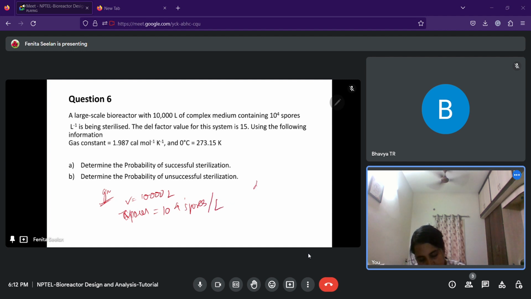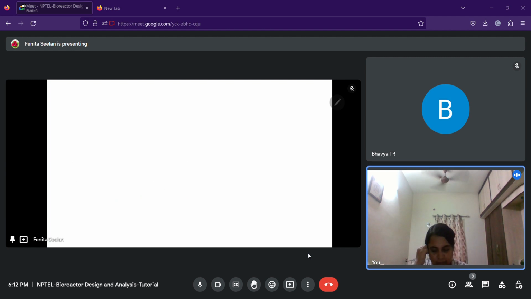Your del factor, which is KD into T, is equal to 50. We have to calculate the probability of successful sterilization and the probability of unsuccessful sterilization. So let's start solving the problem.